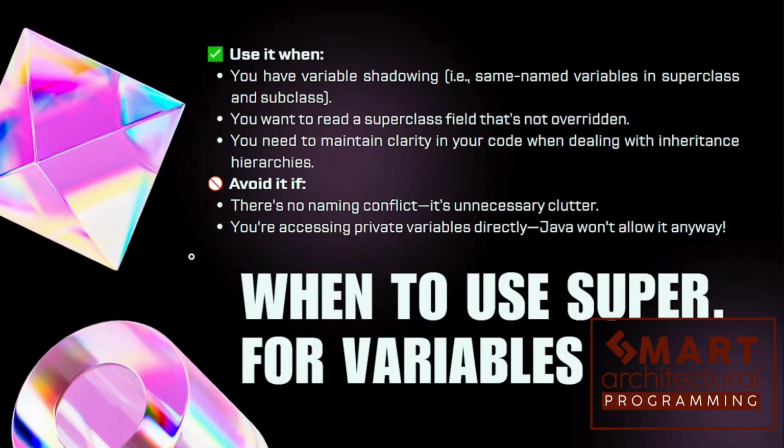The next thing is that you want to read a superclass field that's not overridden. So you need to read a certain variable or value in the superclass that is needed for your logic in the subclass, so you need to access that and use that. And number 3, you need to maintain clarity in your code when dealing with an inheritance hierarchy. It gets very complicated when you're writing large classes and a large number of subclasses, and there are going to be a lot of variables there.